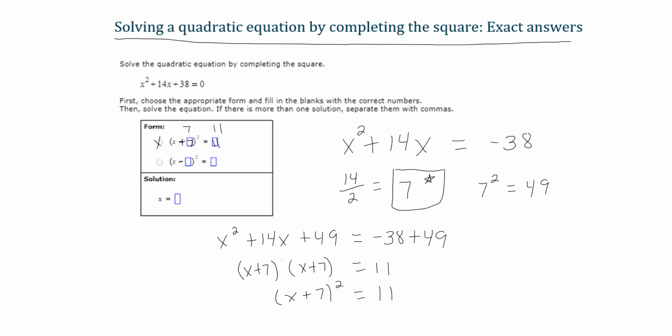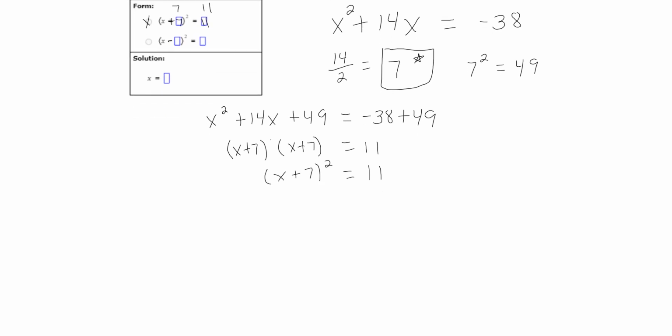Now we have to finish solving it. To get rid of a square, we square root both sides. So we get x plus 7 equals plus or minus, don't forget the plus or minus because it's two answers, square root of 11. And then we subtract 7.